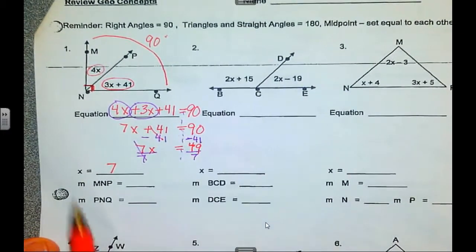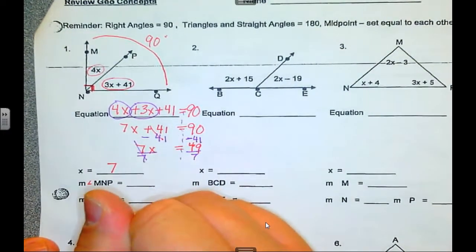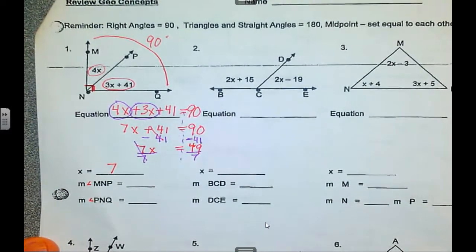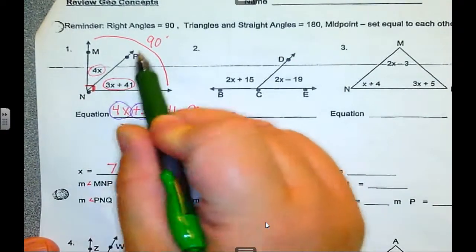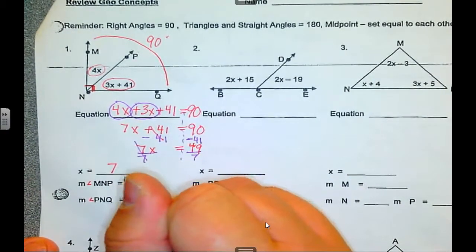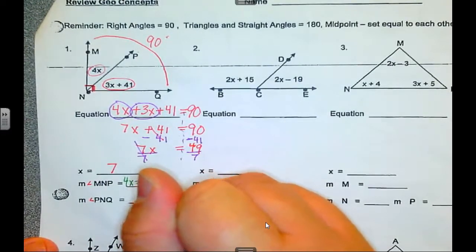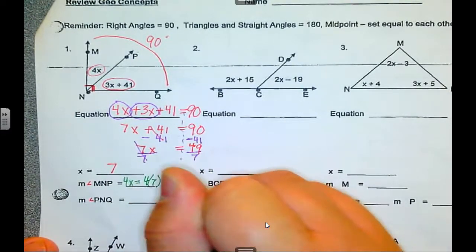They want the measure of angle. There should be a little angle sign in here. They want the measure of angle MNP. MNP is 4x. I know x is now 7, so it's 4 times 7, which is 28.